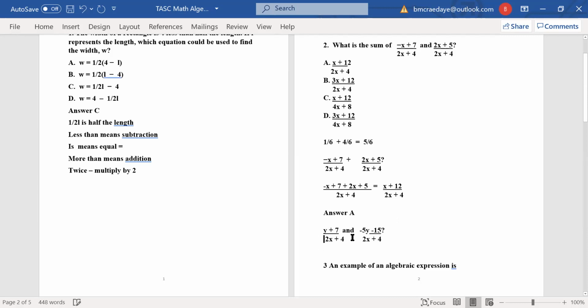This is going to be over the same denominator, 3a plus 14.